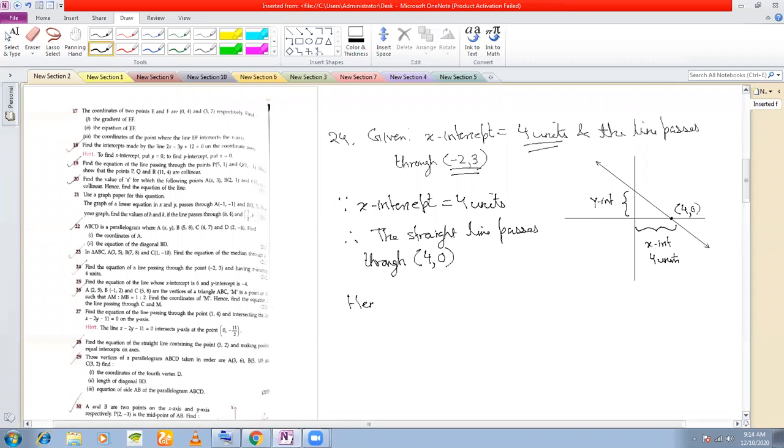Hence, the equation of the straight line passing through one point, 4, 0, because the x-intercept is 4, and the other point, minus 2, 3. So this is your x1, y1, x2, y2.